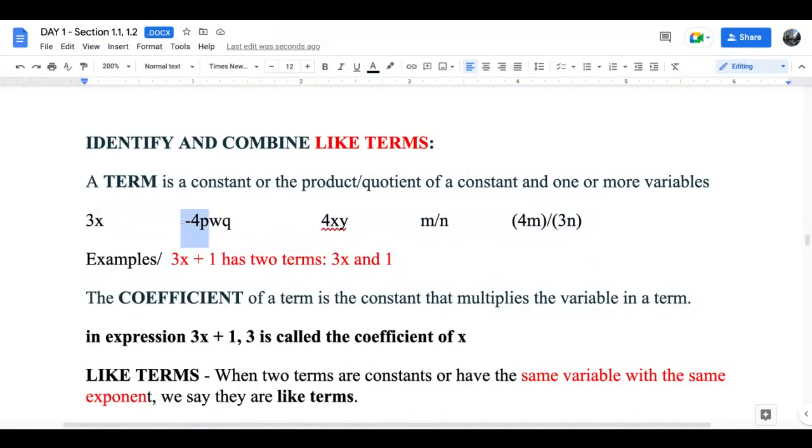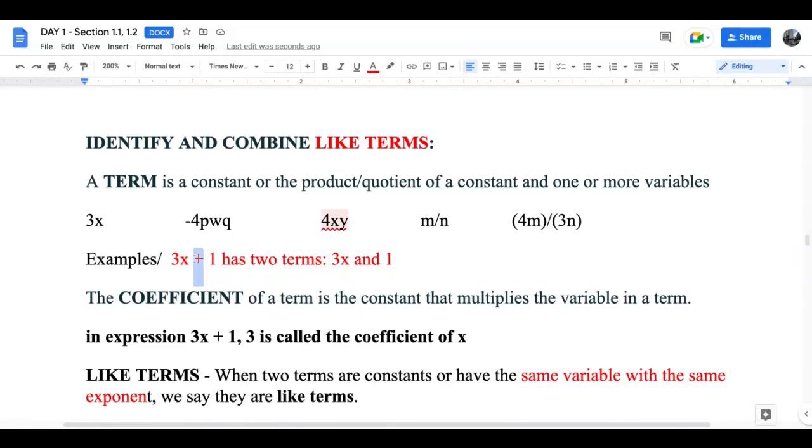3x is one term, negative 4pwq is one term, 4xy is one term, m divided by n is a term, 4m divided by 3n is one term. So you see here, multiplication and division are like glue. They glue the number and the variables together as one term. 3x plus 1 has two terms. 3x is one term, 1 is one term.